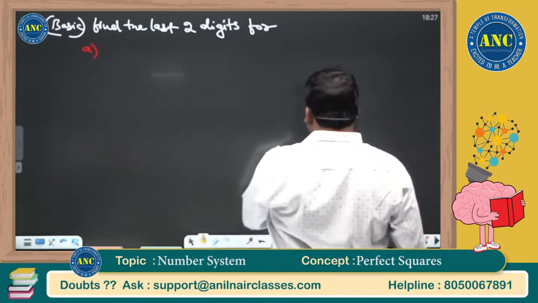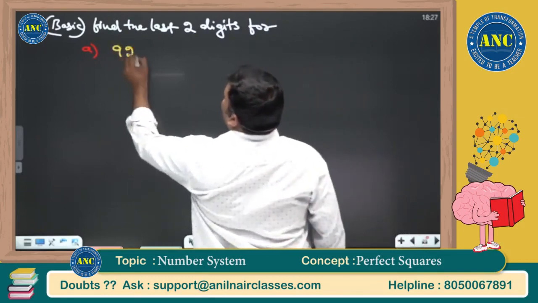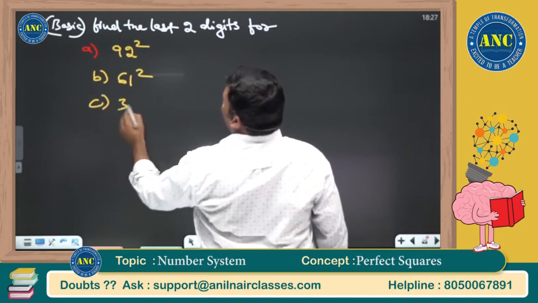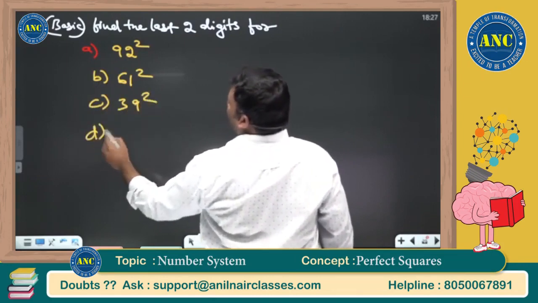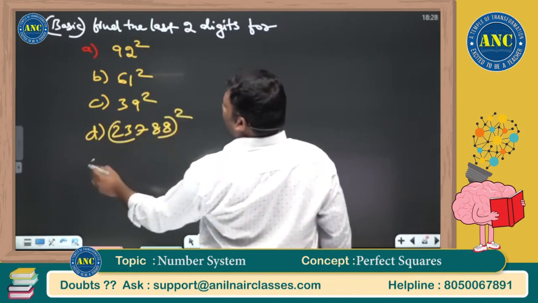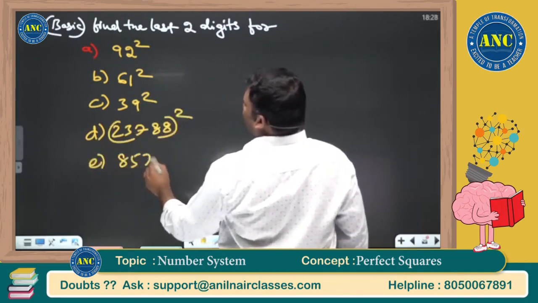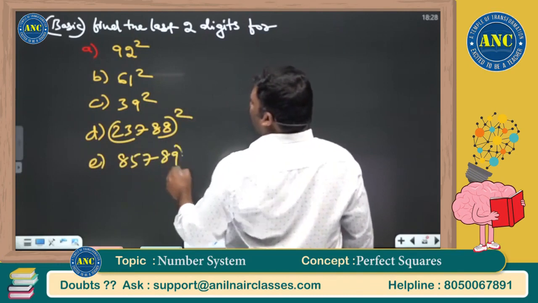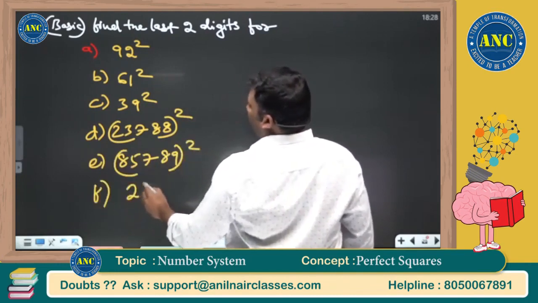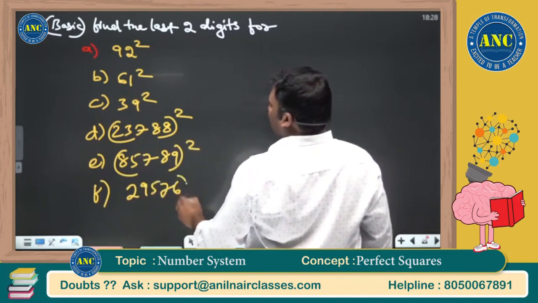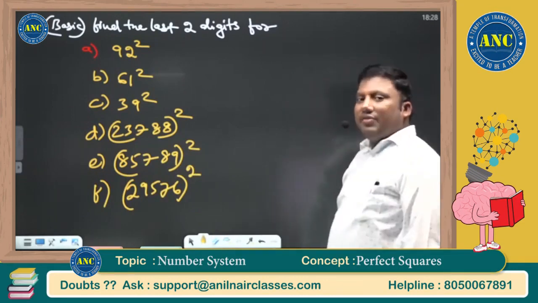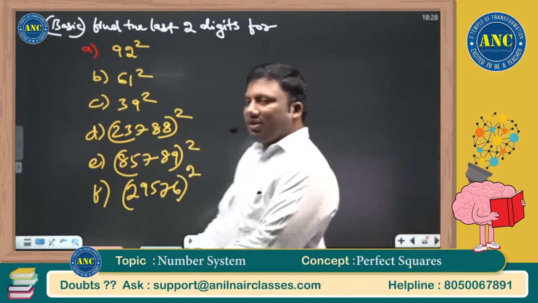First question: 92 square, 61 square, 39 square, 88 square, 89 square, 76 square. First we will solve these 6 questions, then 4 questions I will take to a next level.